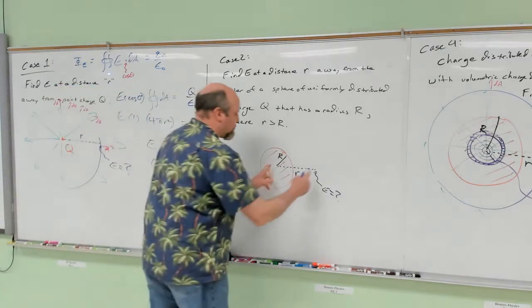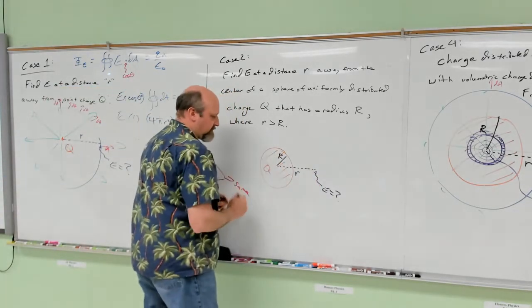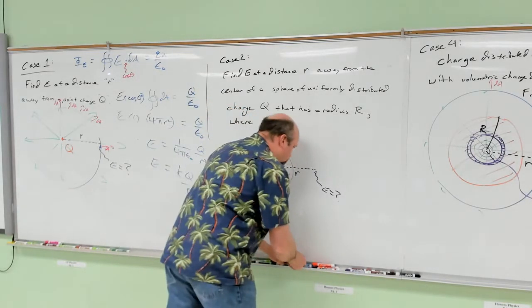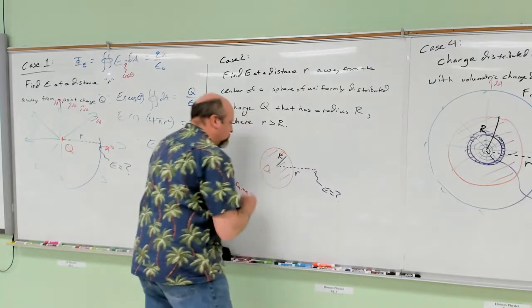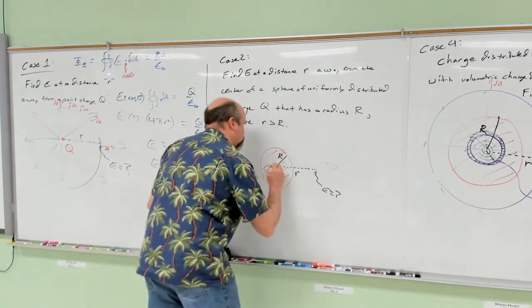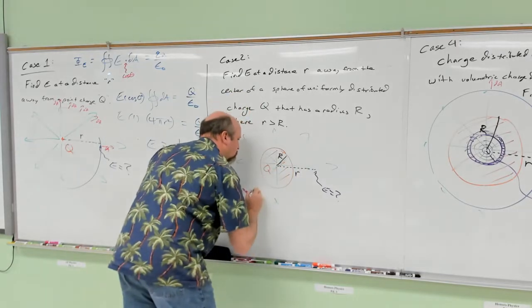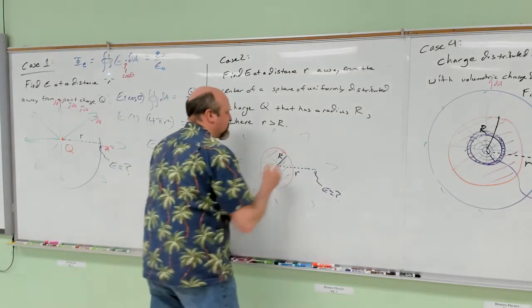So at little r, greater than big R. And so if I do that, then again, I would draw my electric field, which is going to radiate outward. That's my E field lines.